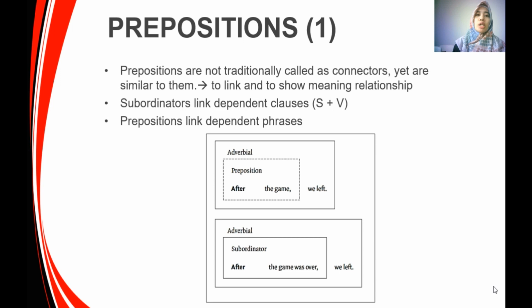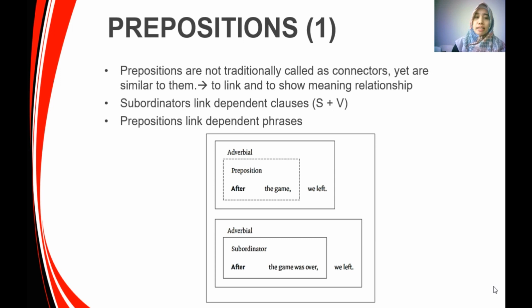So next one is prepositions. Prepositions, like what I said before, are not traditionally called connectors. So they are not types of connectors, but they are similar to subordinators. Why? Because they are used to link and to show the meaning relationship. So what is the difference between preposition and subordinator?